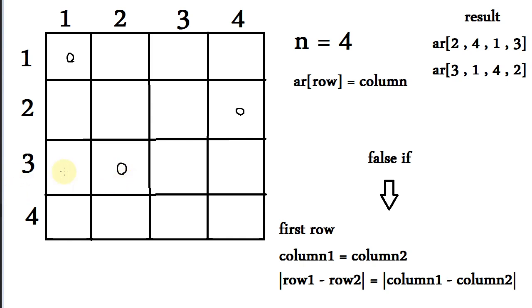and realizes there is no problem, and then starts the process, and on the next row it goes here and sees that this is diagonal with this queen. It places here and sees that it is the same column as this queen. It places here and sees it is diagonal with this queen, and it places here and sees that this is the same column as this queen, when it was approaching this way up until this cell.